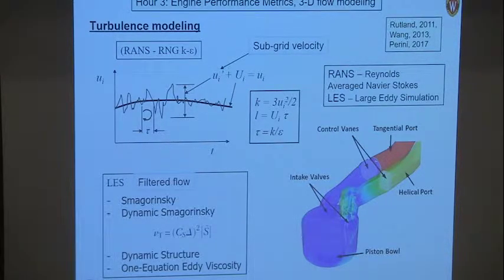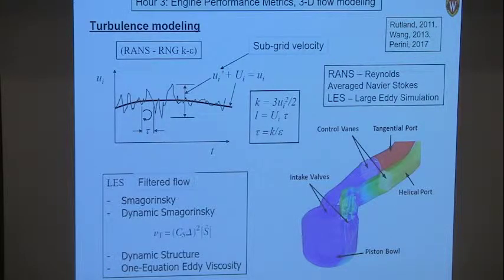So you'll see a lot of work being done in both the RANS and the LES type approach for modeling turbulence. I personally prefer the RANS approach because with LES, every run that you run is a new run because there's sampling that occurs. And so you never repeat the same flow field for each engine cycle that you run. Whereas with RANS, you are looking in some sense at an average of the flow.